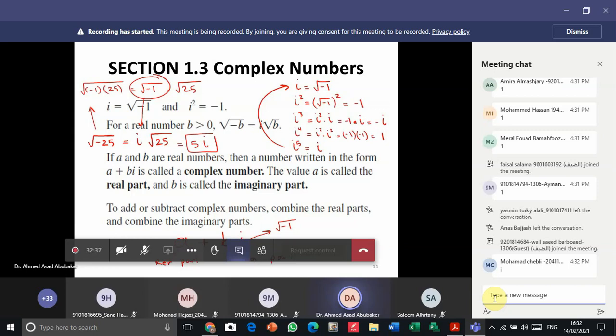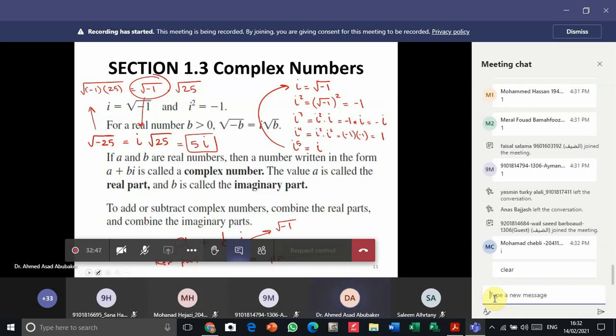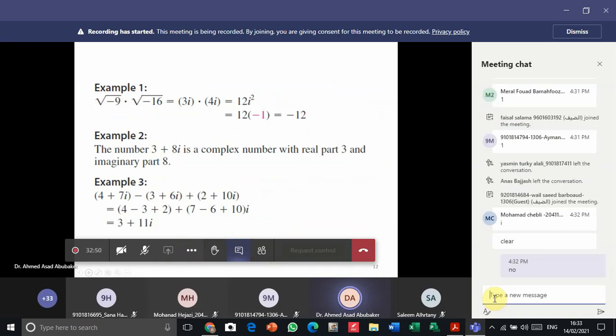Okay? Any question? Example, we need to multiply two radicals with a negative inside each radical. What's the value of this? This equals 3I. Why 3I?